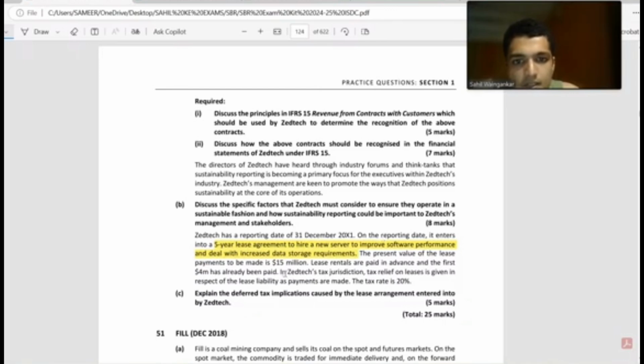The first one, okay. In Zedtech's tax jurisdiction, a tax relief on leases is available in respect of lease liability.